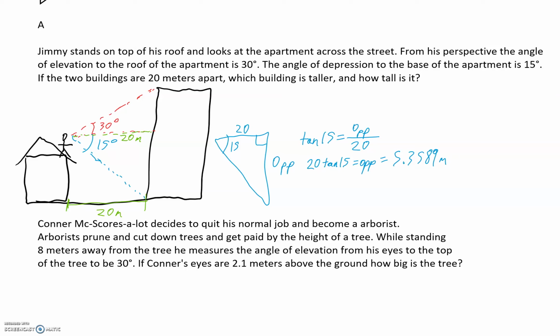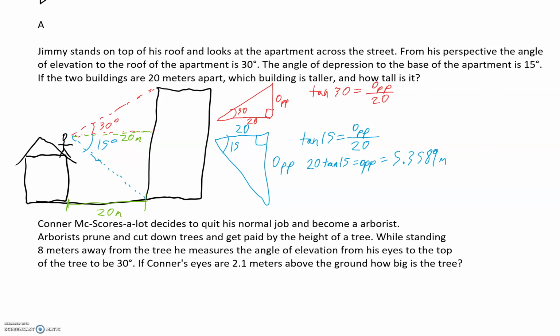Okay, now let's keep going a little bit more and doing the red triangle. This is 30 in here, this is the 90, this is the 20. Okay, we're still looking for the opposite side again. So it's tan of 30 equals opposite over 20.